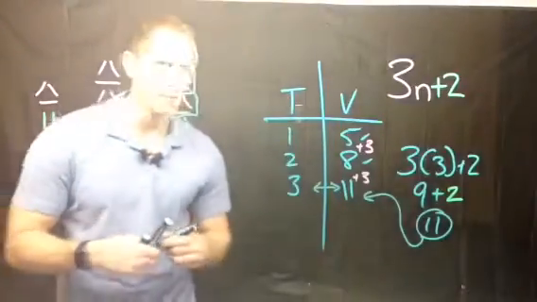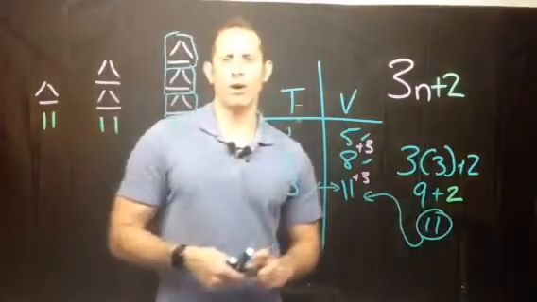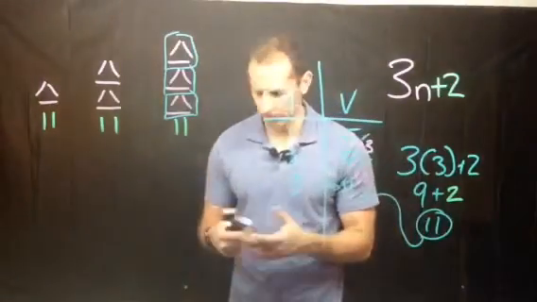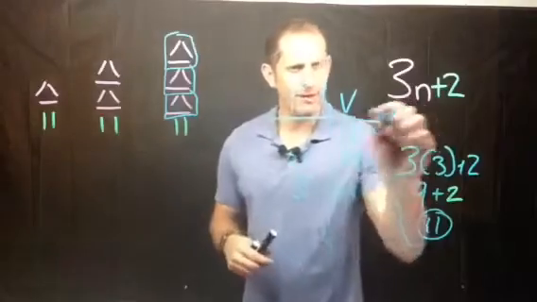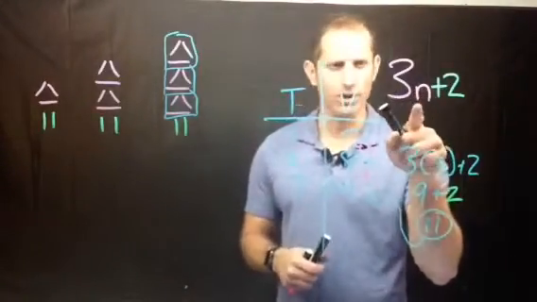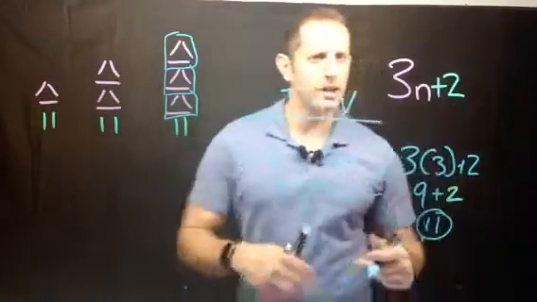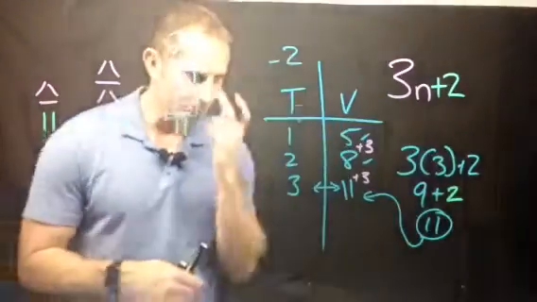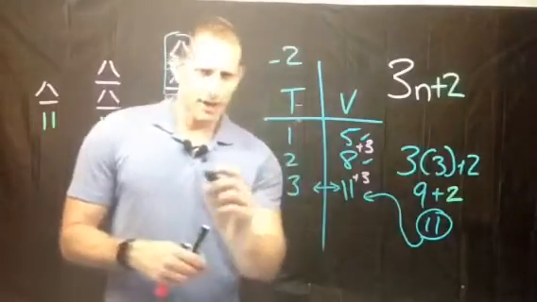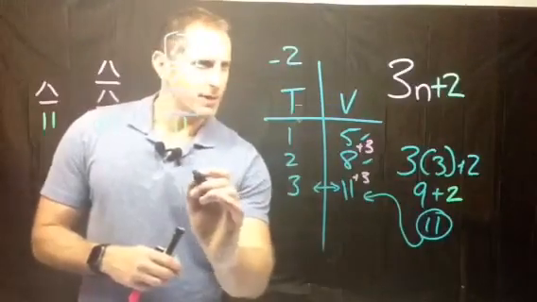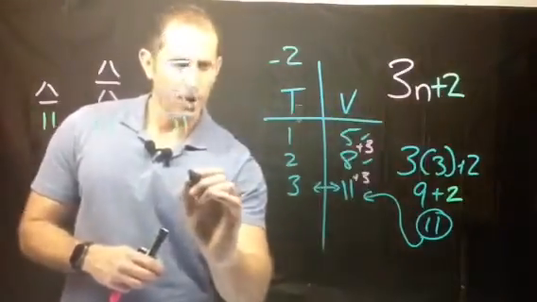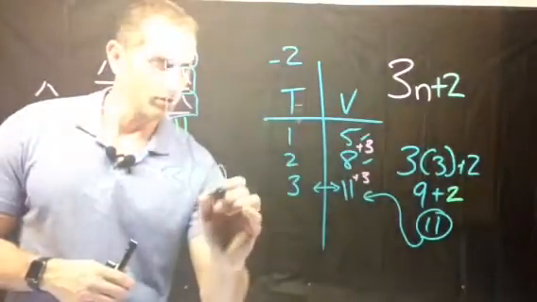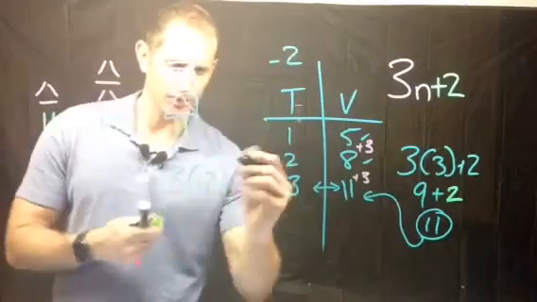Now, how would this work if I wanted to do something in a negative term? Would it change something? Well, let's take a look. Now that I know this expression works, let's see if I can plug in a negative number. So let's try negative 2. I plug in 3 times negative 2 plus my 2 little constants.